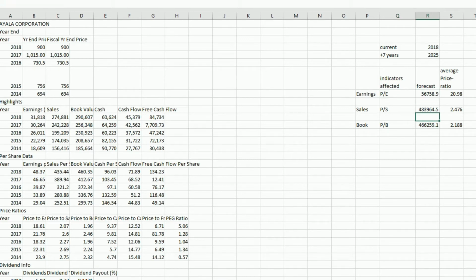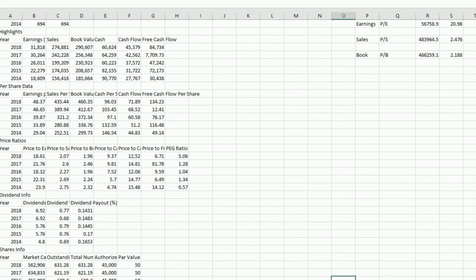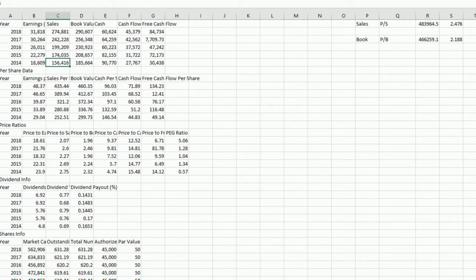these are the forecasts and these are your average price ratio, then the only thing that remains to be analyzed here is the number of shares. That's why I said that it is important to know the number of shares. Now, the number of shares are actually here. This is the outstanding number of shares, and this is, I think, in millions.